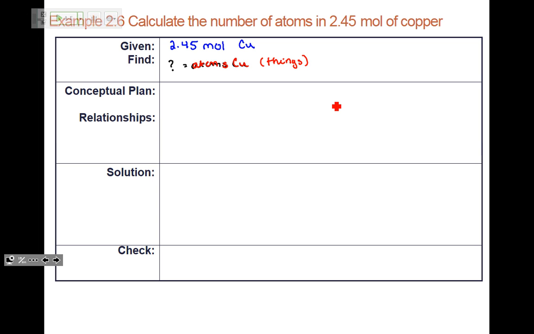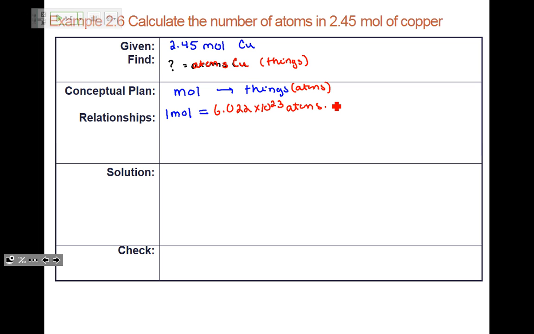Now, as far as our conceptual plan, we know that we can convert moles to things because we have a relationship for that. And in this case, our things is atoms. So our relationship is simply that 1 mole of something is equal to Avogadro's number of things, and our things is atoms.